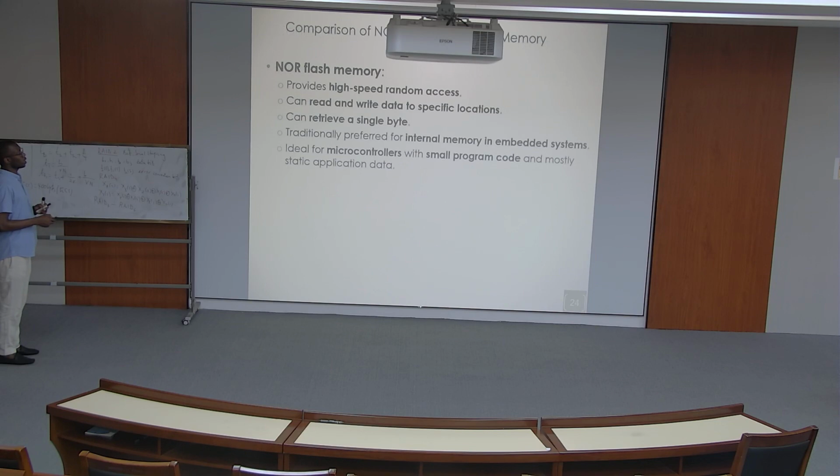So mainly we have the NOR flash memory, which provides higher-speed random access than the NAND flash memory, and NOR flash memory can read or write data to a specific location, and it can retrieve a single byte. So traditionally, this NOR flash memory is used in internal memories in embedded systems. It can also be used in microcontrollers with small program code.